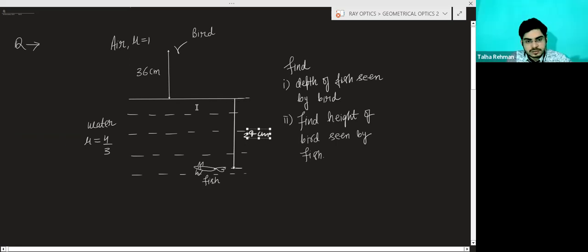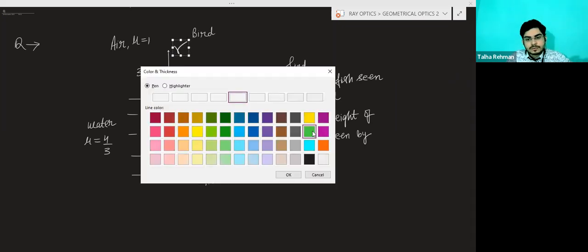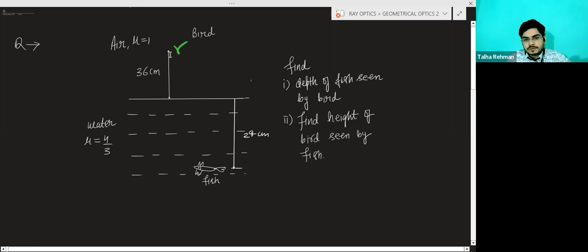From this interface, this fish has a distance of 24 centimeter, and here is air. So there is a bird here, and this bird is at a height of 36 centimeter. And water has the refractive index 4 by 3, and air has the refractive index of 1.